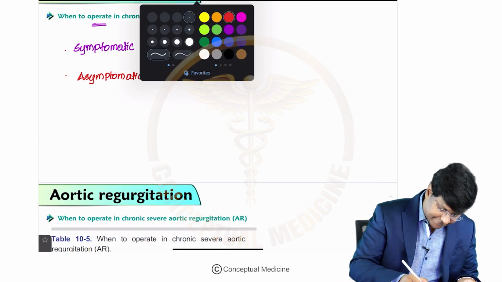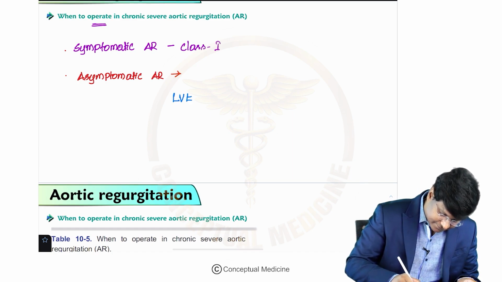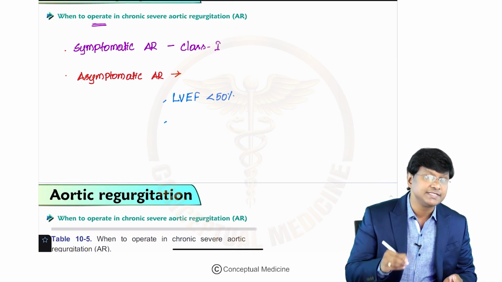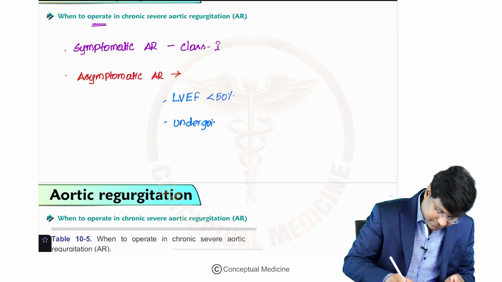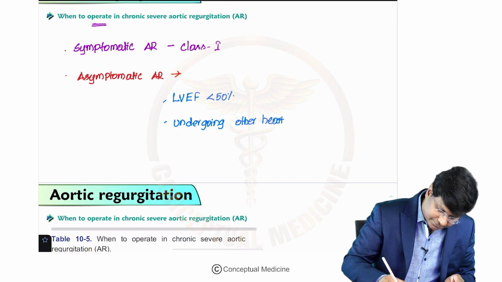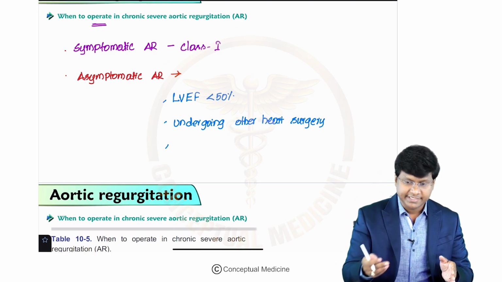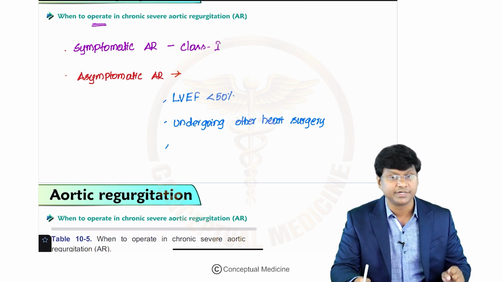The indication is, number 1, when there is abnormal left ventricular ejection fraction less than 50%, and when the individual is undergoing other heart surgery and having aortic regurgitation, like the individual undergoing CABG, and parallelly the individual is also having asymptomatic AR, surgical treatment has to be done. That is also a class 1 recommendation.